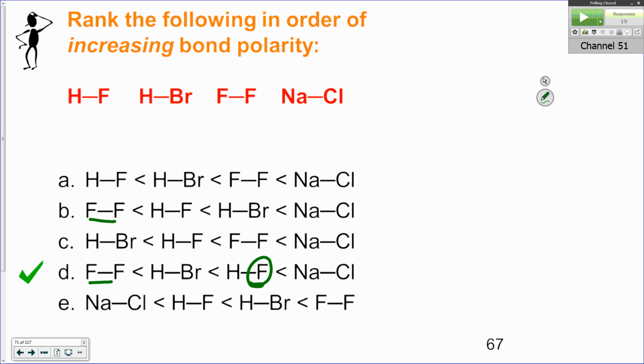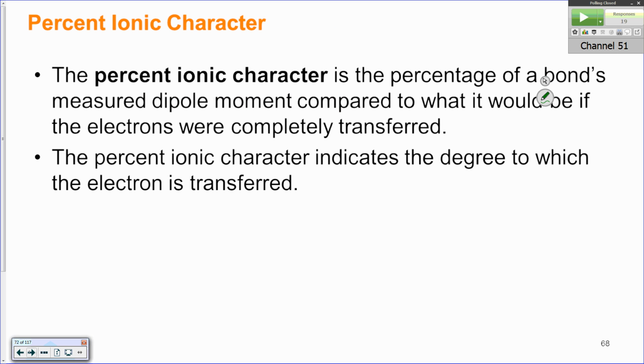So HF is going to be more electronegativity difference than HBr. And then finally, you look at the last one where you have the ionic compound. It has by far the greatest difference in electronegativity. Whenever you have salts formed, those are the most polar things that you can have.